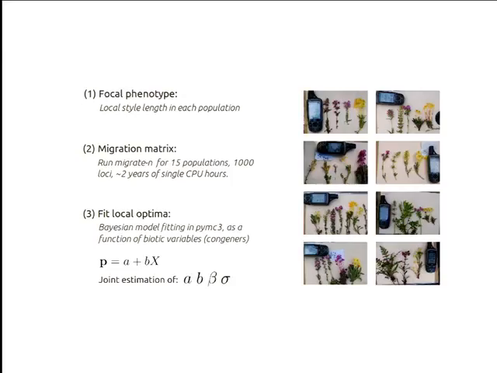So to recap, what we're going to focus on then is the focal style length in these 15 focal populations. And we measured a migration matrix using the RAD-seq data, and then we're fitting a model for these local optima, in this case using a Bayesian method to jointly estimate a coefficient for selection and drift, and then for a linear function that describes our local biotic variable as a function of our local optima.